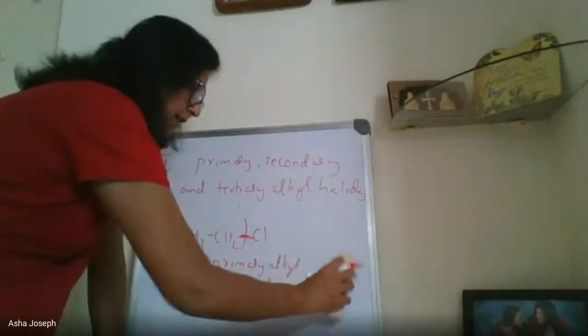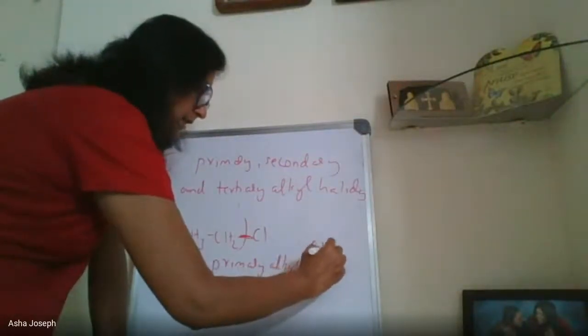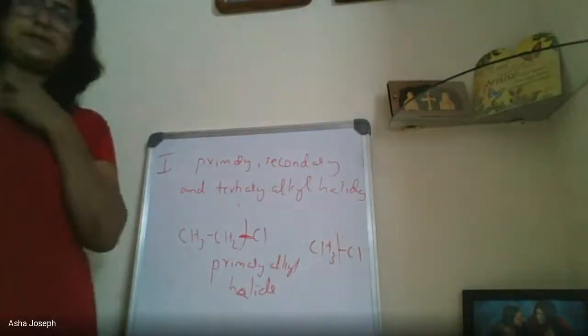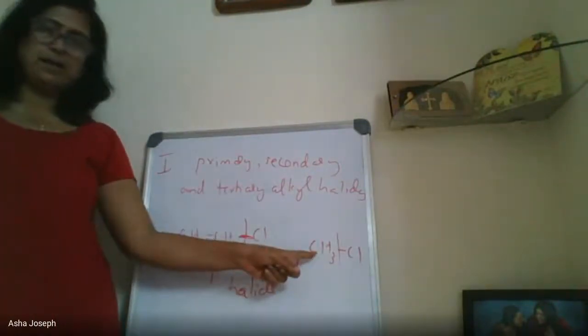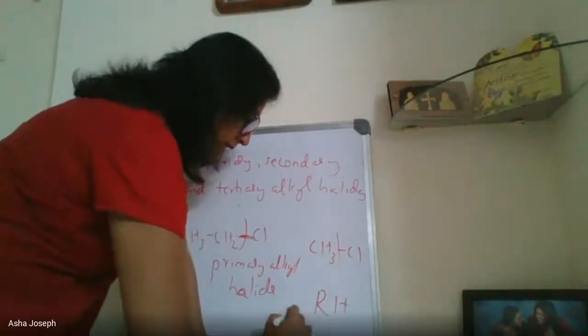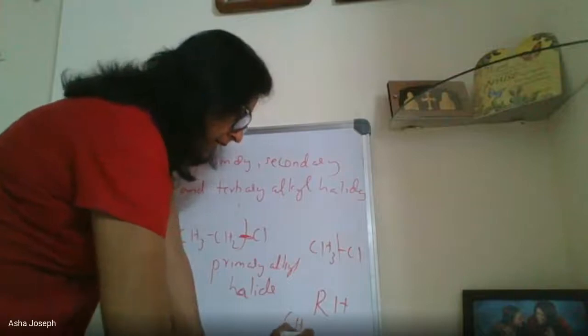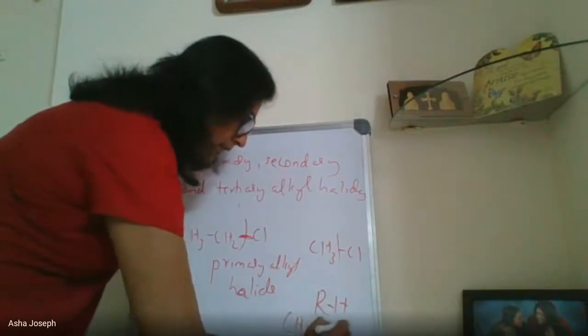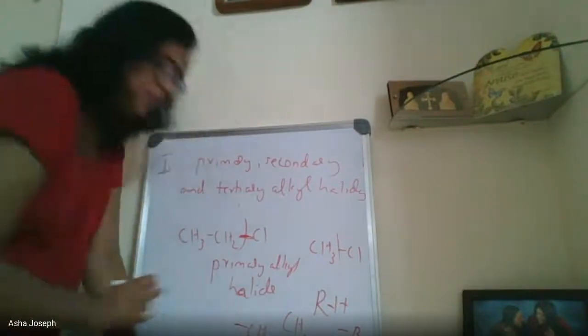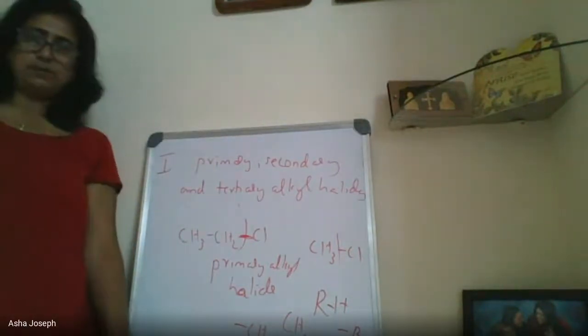Another example is CH3Cl. Only one alkyl group is connected. R group, you remember R, capital R. See, alkane is RH, for example methane. And if one H is removed, you will get an alkyl group. So here the alkyl group is CH3. You remember this? Alkyl groups.